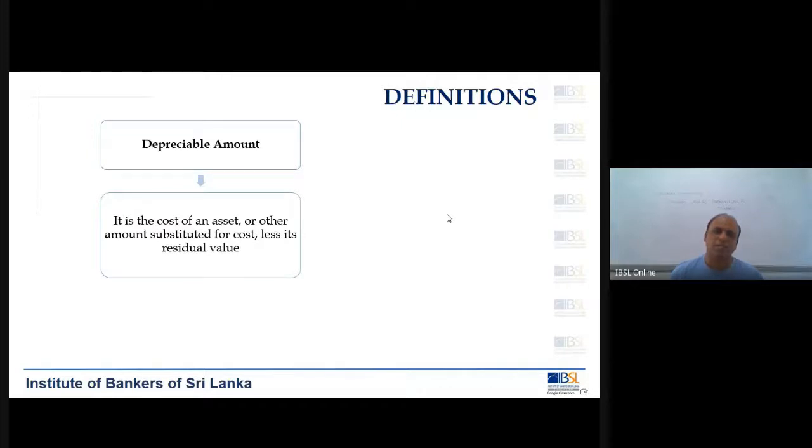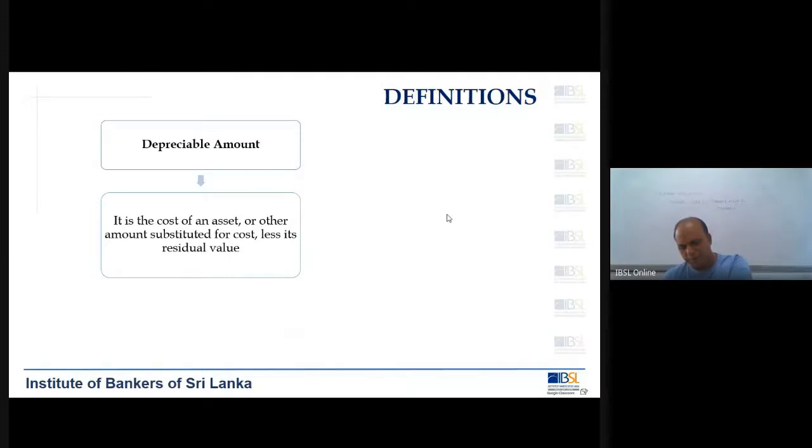So what is the depreciable amount of an asset? It is the cost of the asset minus the residual value. If you have gone with the fair value of the asset, then it will be fair value minus residual value.